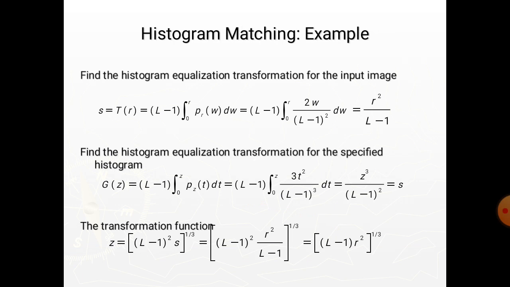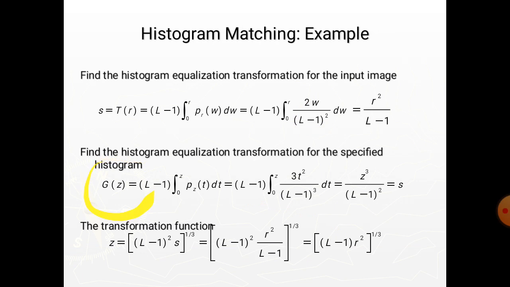The histogram equalization transformation for the input image is s = T(r) = (L-1) times the integral from 0 to r of p_r(w) dw = (L-1) times the integral from 0 to r of 2w / (L-1)^2 dw = r^2 / (L-1). For the same, find the histogram equalization transformation for the specified histogram.